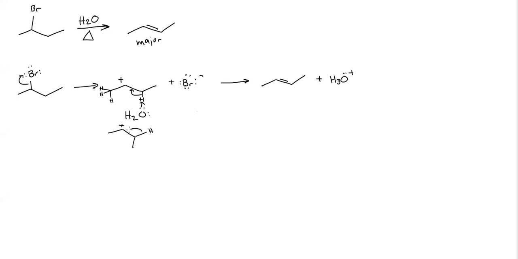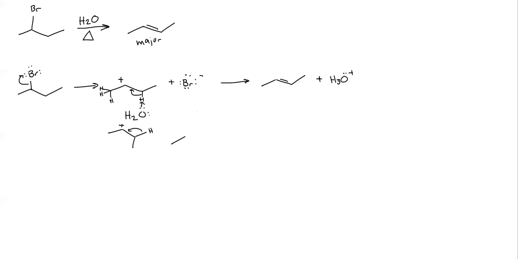If I take this hydrogen and then the double bond forms there, well, what does that give me? Well, then I get this. And you'll notice that this one is trans, this one's cis, or this one is E and this one is Z. So what I'm trying to get at here is that E1 forms both E and Z products.